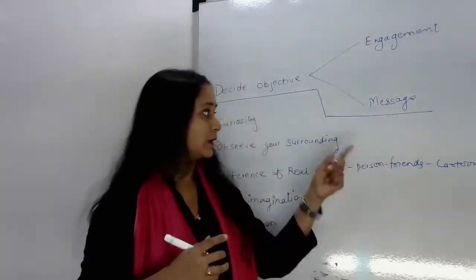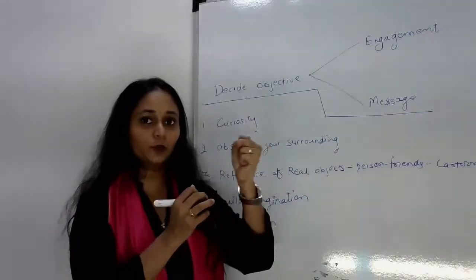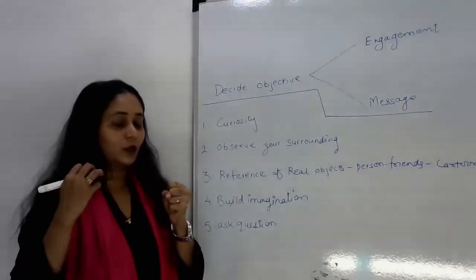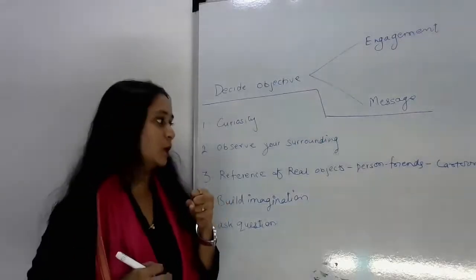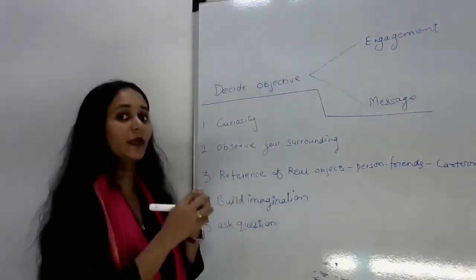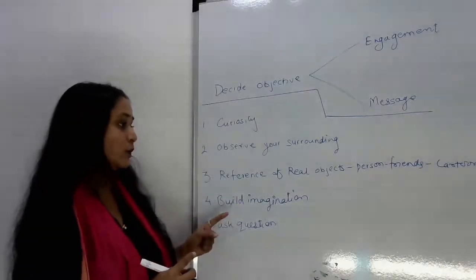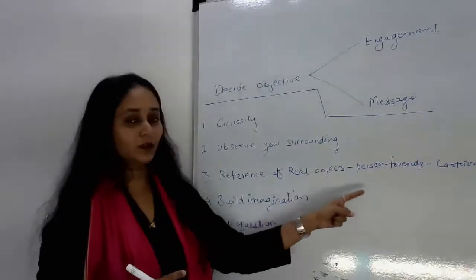On the very first step, you built their curiosity and grabbed their attention, then you engaged them with an object in your surroundings, and now you are engaging them more. You have to build their imagination with these steps.